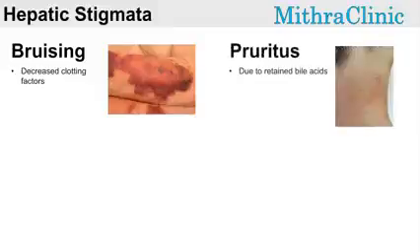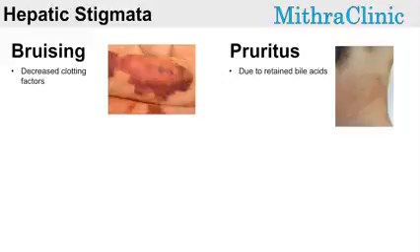The next sign or symptom of liver disease is pruritus, and pruritus is due to retained bile acids. Pruritus itself is itching. In instances of cholestasis, there is not adequate excretion of bile because of some problem like cirrhosis or some mass in the liver that is suppressing or reducing secretion of bile.